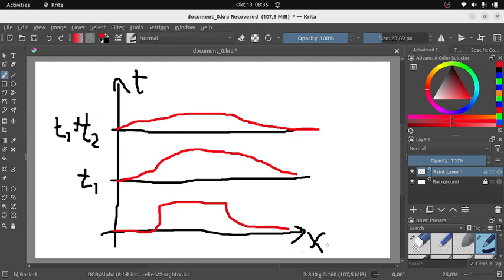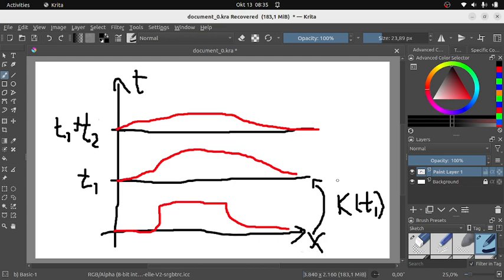Okay, so if I compute, I can understand the evolution of this thing in two ways. I can see that there is a kernel here for t1 and a kernel for t2.